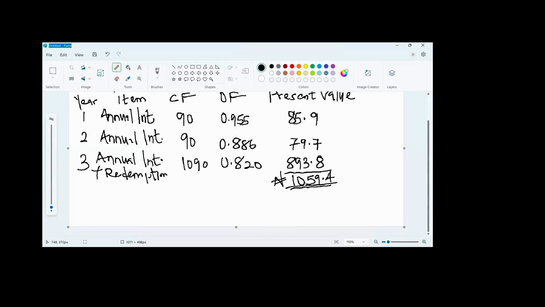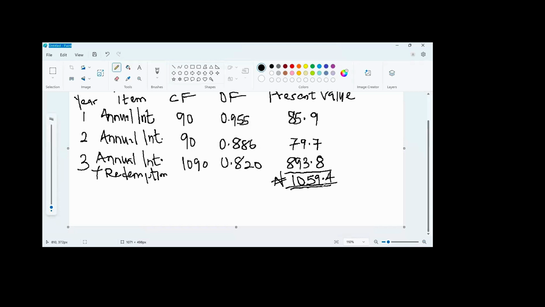The price of the bond is 1,059.4. That means the price is above the face value. The price is above 1,000 naira. It means that this bond is issued at a premium. Recall our explanation: a bond may be issued at a premium, at a discount, or at par.